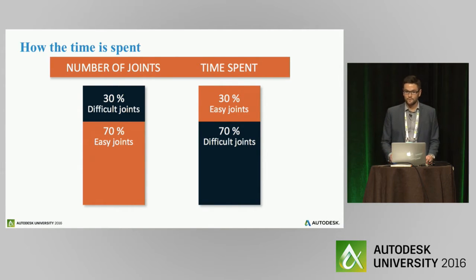We spend the majority of our time on a lower number of joints. These are the non-standard, the difficult ones. That shows us that we are right to seek an option to do steel connection design better.